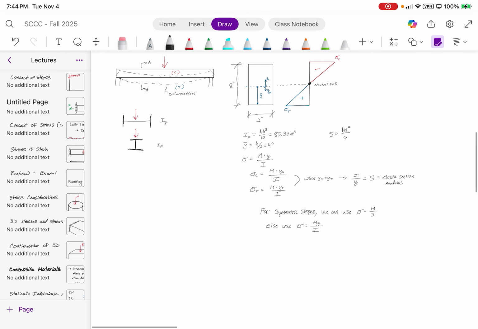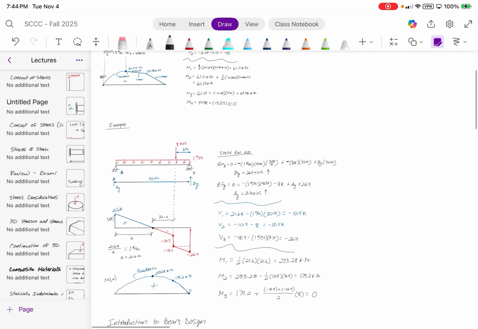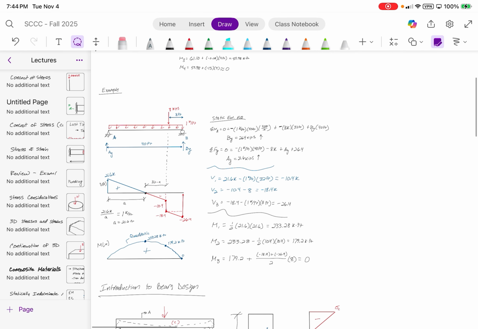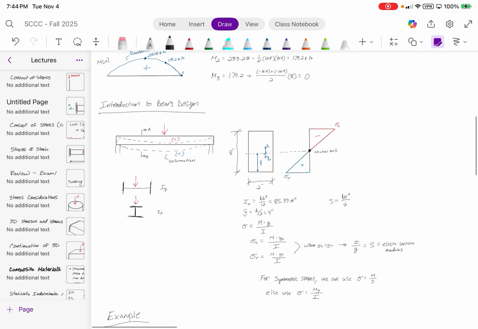All right, the best thing that we can do now is I am just going to throw an example at you guys. Now, let's take this beam that we previously had. All right, so looking at the beam above.